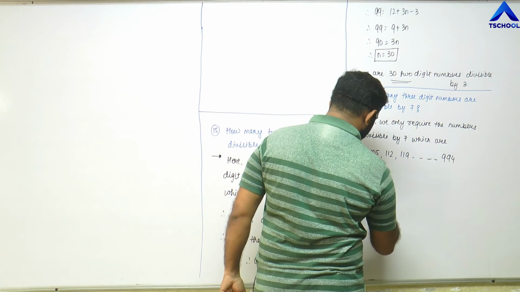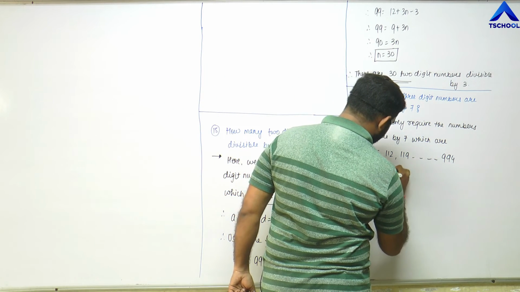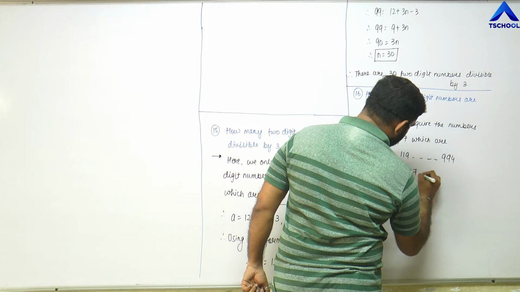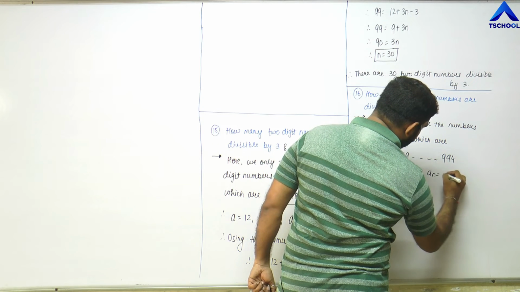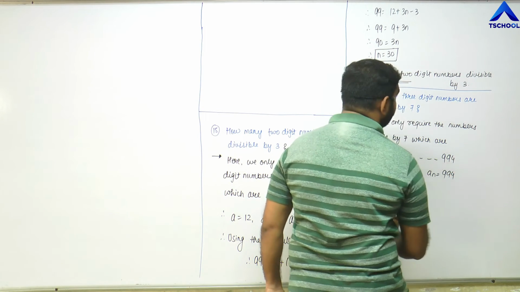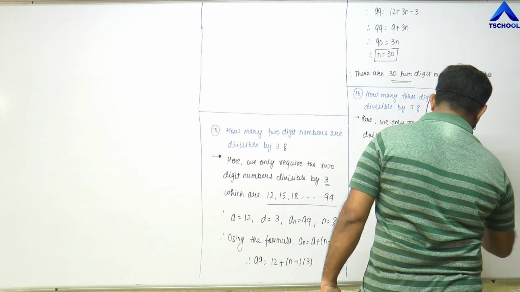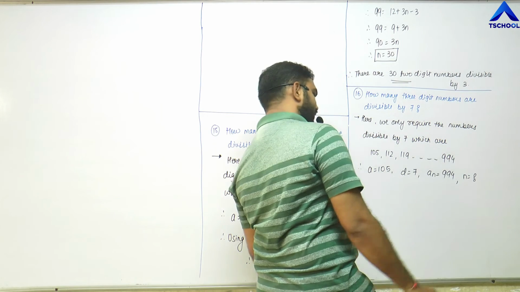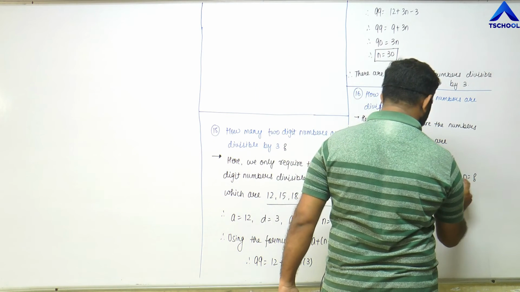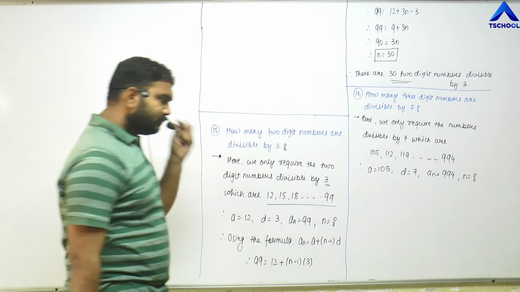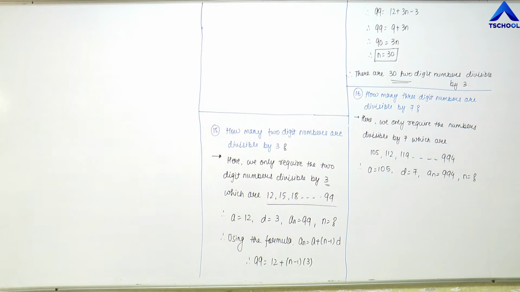Therefore a is equal to 105, d is equal to 7, that is obvious, and an equals 994, for which we are going to find the value of n. Is it clear?